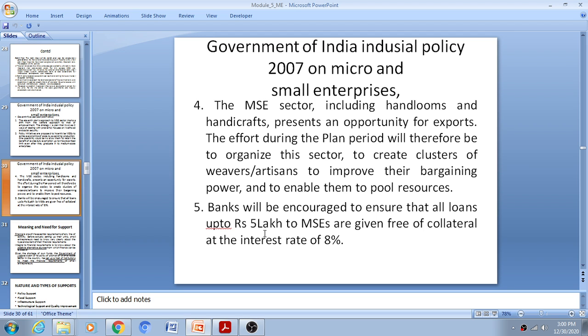What the government has done is bring all of these weavers and artisans together, form an enterprise, and give them the opportunity to market their product. By doing this, you are pooling in the resources, which is very important for any success. Right, so this is how the policy has encouraged the empowerment of the MSE.